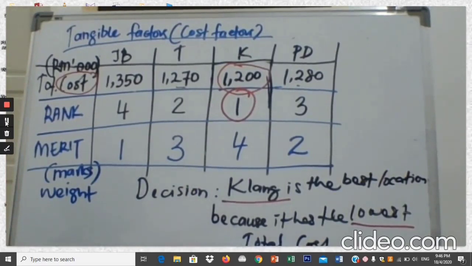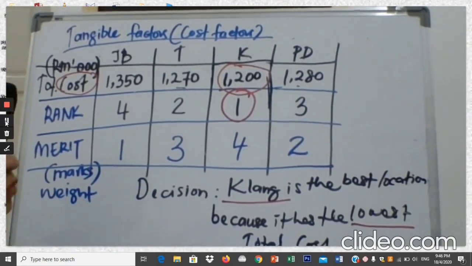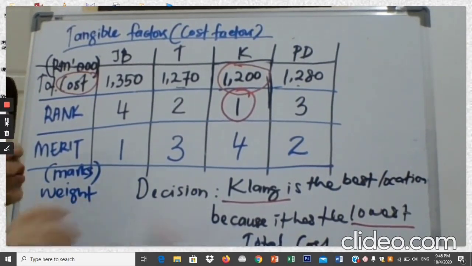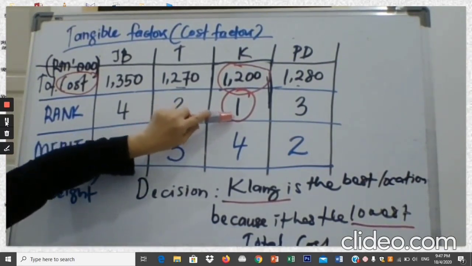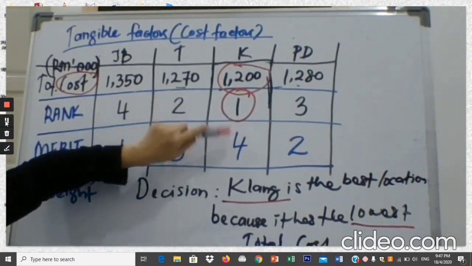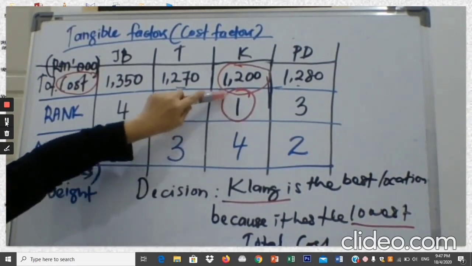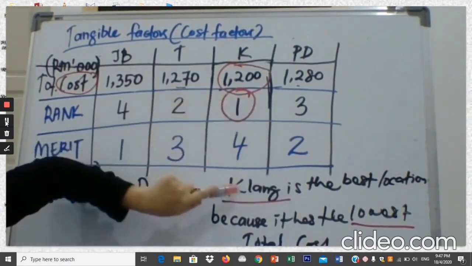Once you have performed the calculation, the last thing to do is to make a decision. Don't forget the decision for every question. How to make a decision? You choose the location with rank number 1, the best rank. It looks like Klang is in rank number 1 with the highest mark. So Klang is the best location.